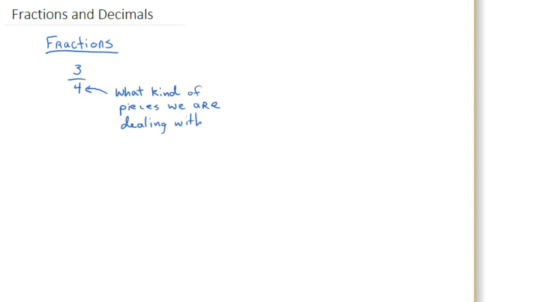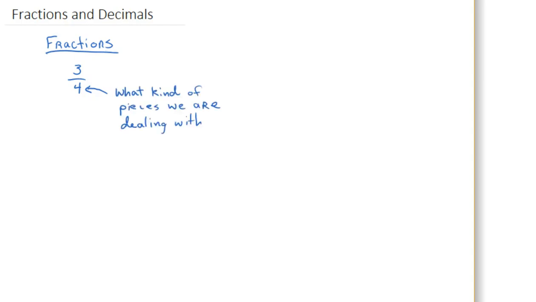So we'll start with fractions. Alright, let's start with the fraction 3/4. Where I want to start is talking about what these numbers mean. The bottom number, we usually say, is how many pieces are in a whole, but I like to think of it as telling us what kind of pieces we're dealing with in terms of the whole.